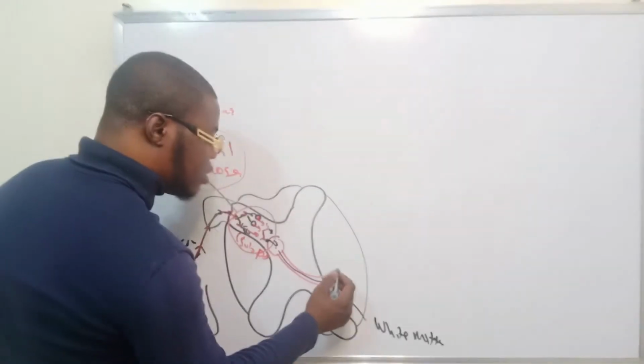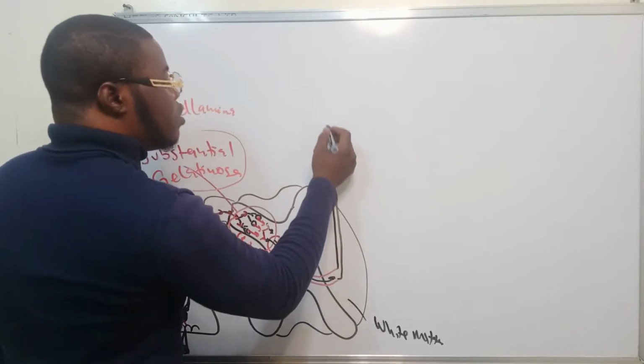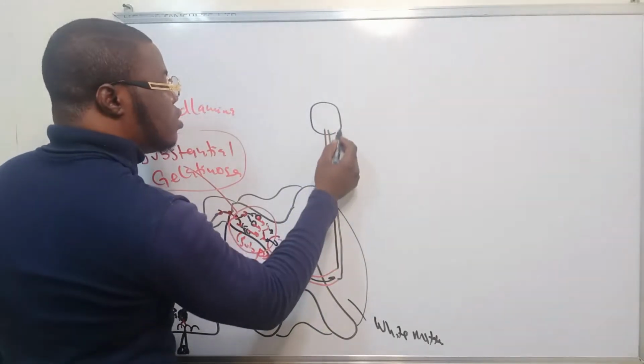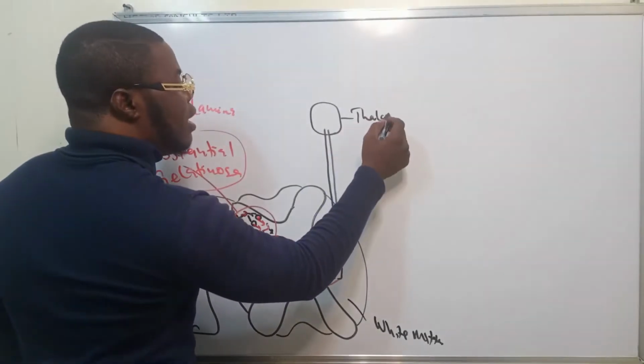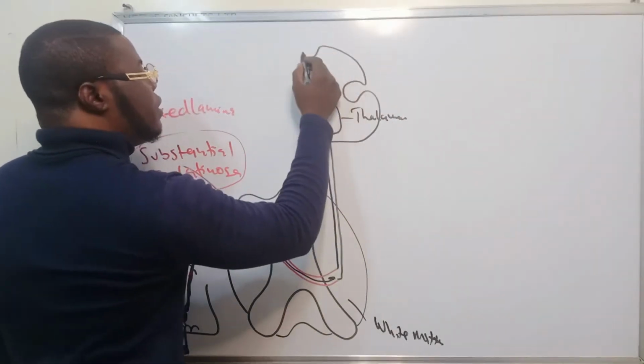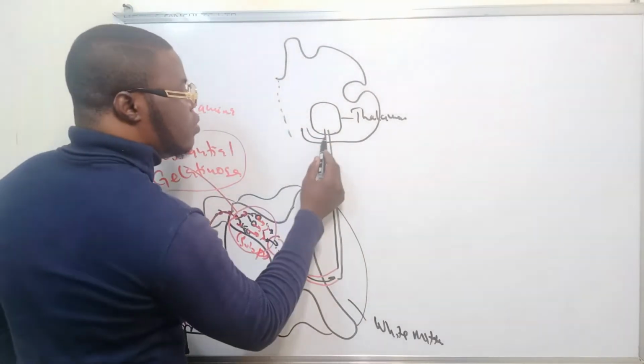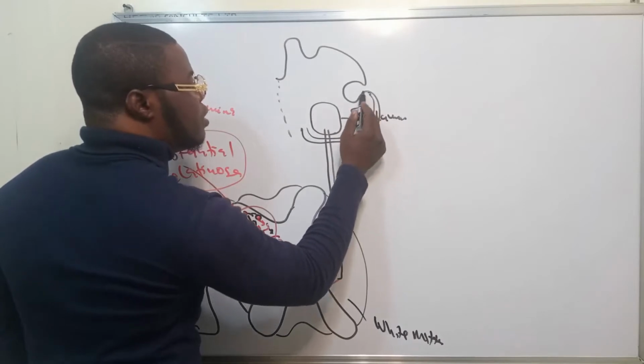And from there we said it's going to ascend, to go up. And where it is going is called the thalamus. And that thalamus is actually within the brain. As simple as that. So we said the thalamus is within the brain.